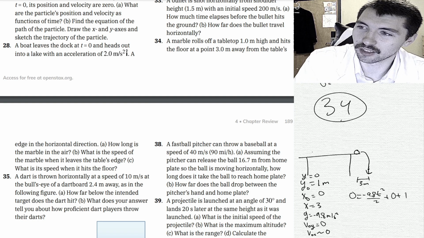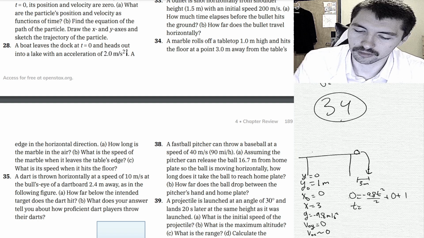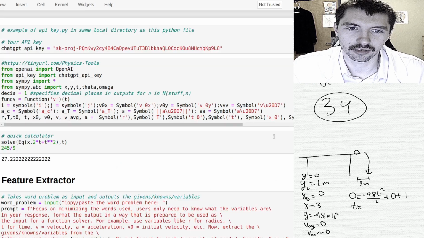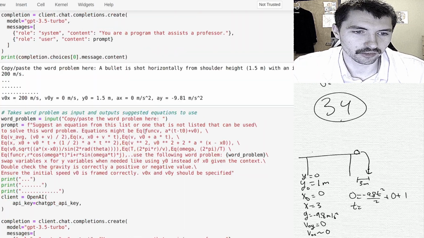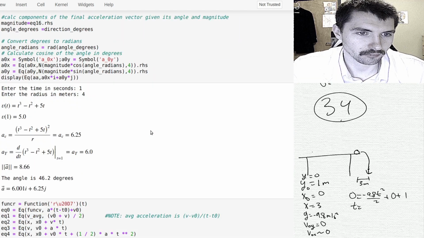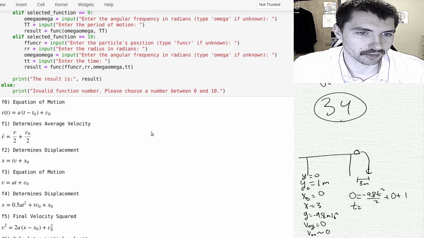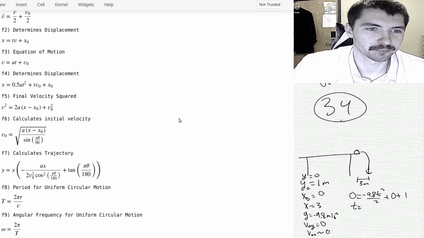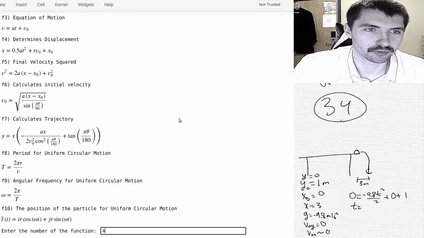So I'm thinking it's that and then t something. I think that's how long it'd be in the air for. Let's try equation 4.